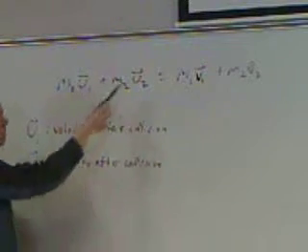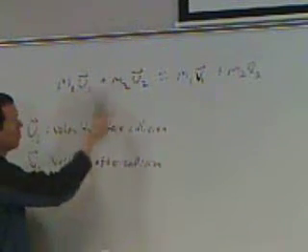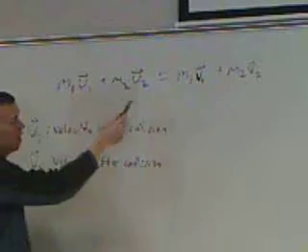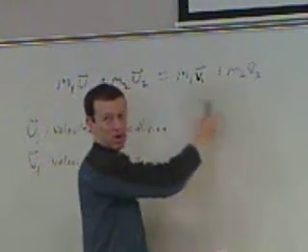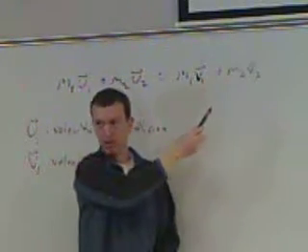I said mass times velocity was momentum. If we have multiple things, we just add them up. So total system momentum before the collision, u1 and u2, equals total system momentum after the collision, v1 and v2. Okay?